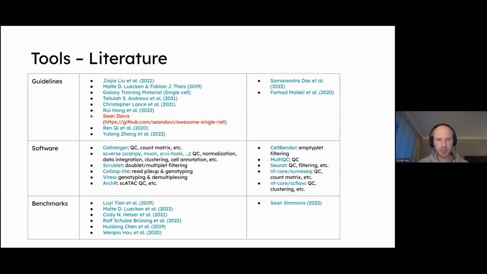I also want to point out one GitHub repository from Sean Davis, which is very useful, the awesome-single-cell. So it's a GitHub repo where you find another big list of tools for individual tasks, and some papers. So check this out if you want to read more and explore more.